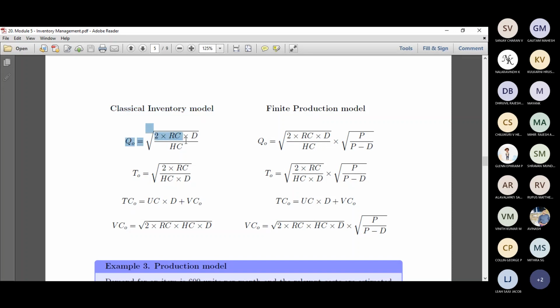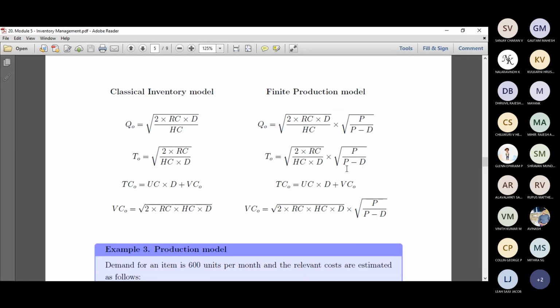The same formula, but we have an extra factor, the root of P divided by P minus D. This is very interesting. That gets incorporated in all the classical inventory models, like Q naught, the economic order quantity, T naught, the optimum cycle time, and TC naught, the total cost.